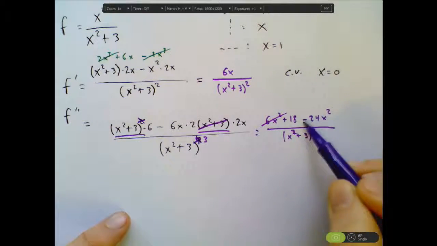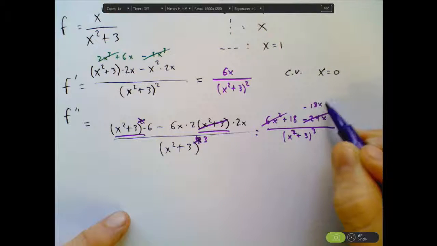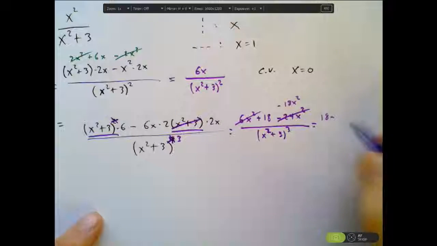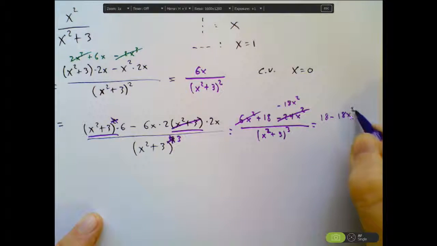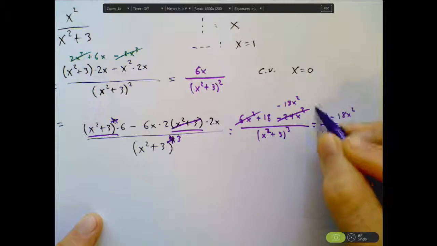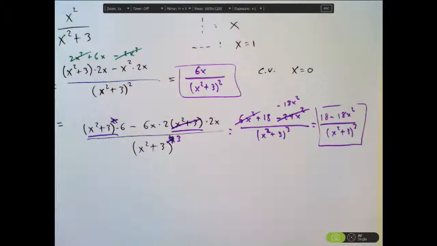And when I cancel these, that gives me 18 minus 18x squared. So 18 minus 18x squared over all that stuff cubed. All right, let's go back now that we've got all this stuff and figure out what the questions are asking.